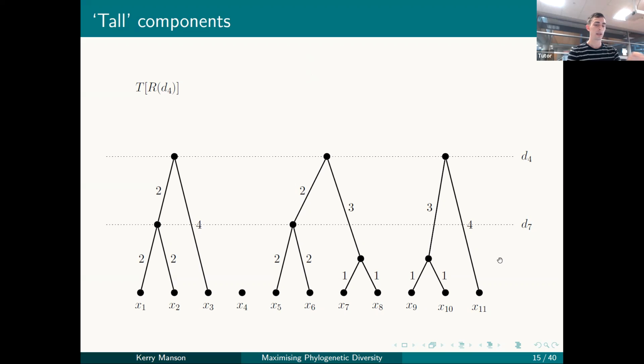If we cut the tree off there, we're left with 4 connected components in the forest that results. So we have X1, 2, and 3 in one component, X4 is on a component on its own, and then we've got a component with 4 leaves and 3 leaves towards the end here.